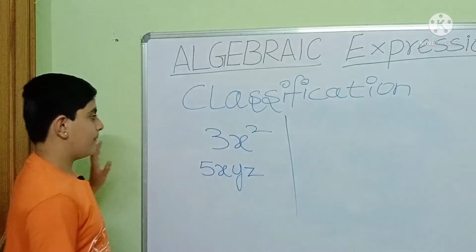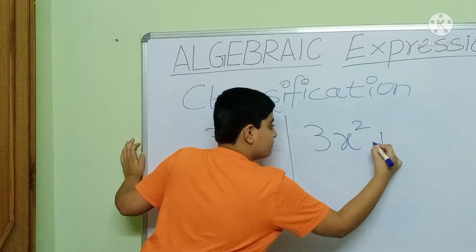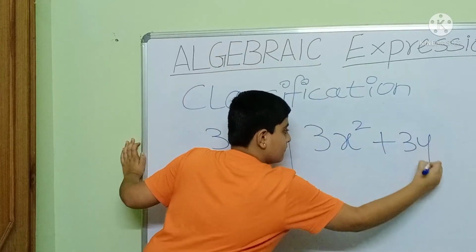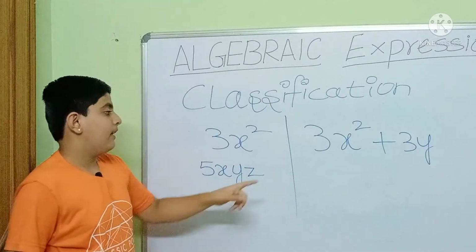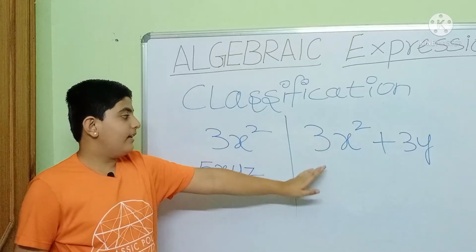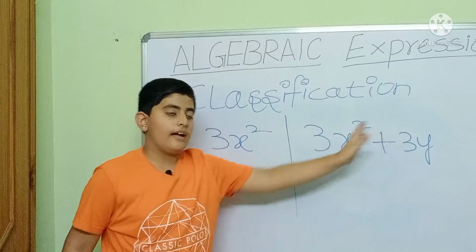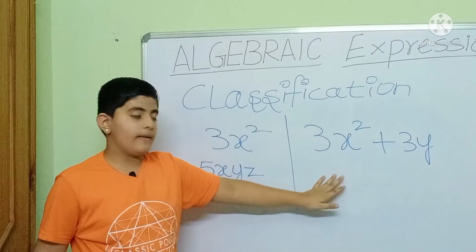So let's take an example. As we told, unlike terms have the same coefficient and different powers and different variables. So these are called binomials.